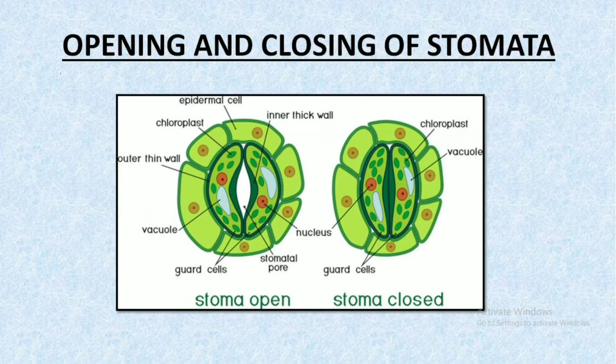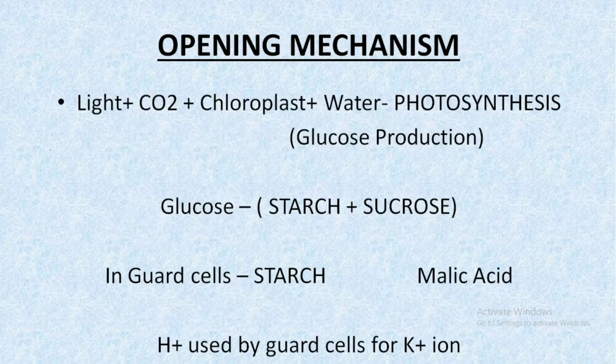So let's discuss the opening and the closing of the stomata now. As you can see in the figure, on the left hand side we have the open stomata and on the right hand side we have the closed stomata. Let's understand this. Let's talk about the opening mechanism in particular now. The first point to remember is that the stomata usually open during the daytime.